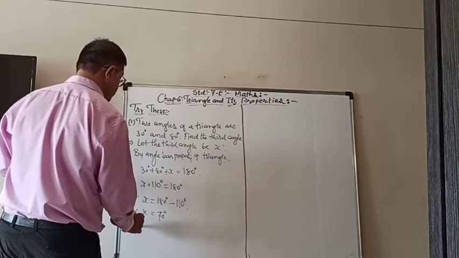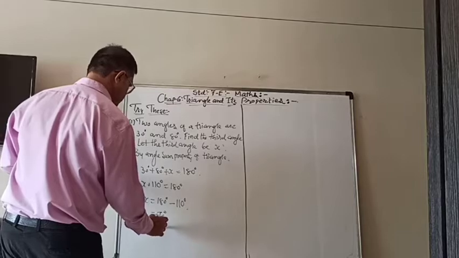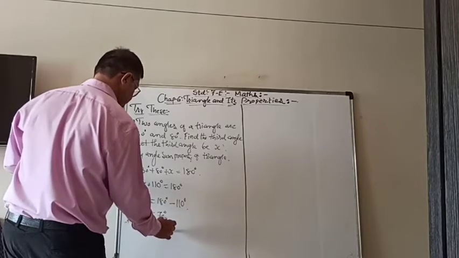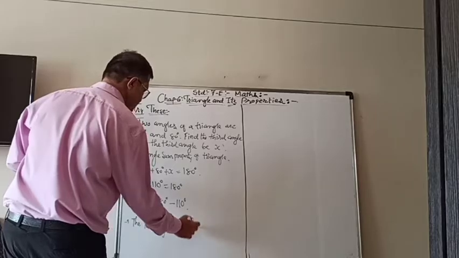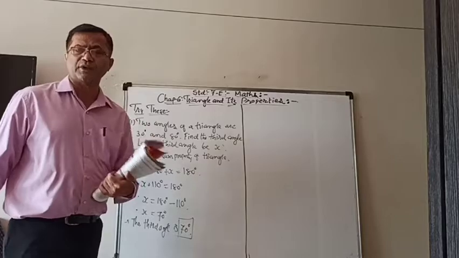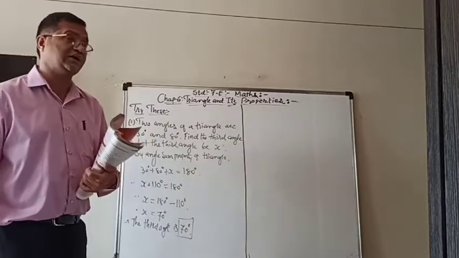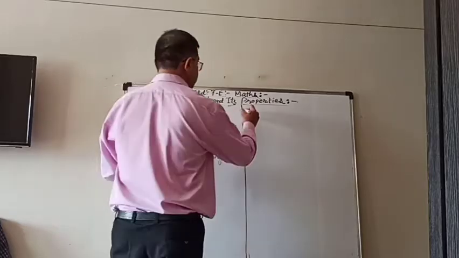Therefore, the third angle is 70 degree. If you know the angle sum property, then only it's possible to find the third angle.